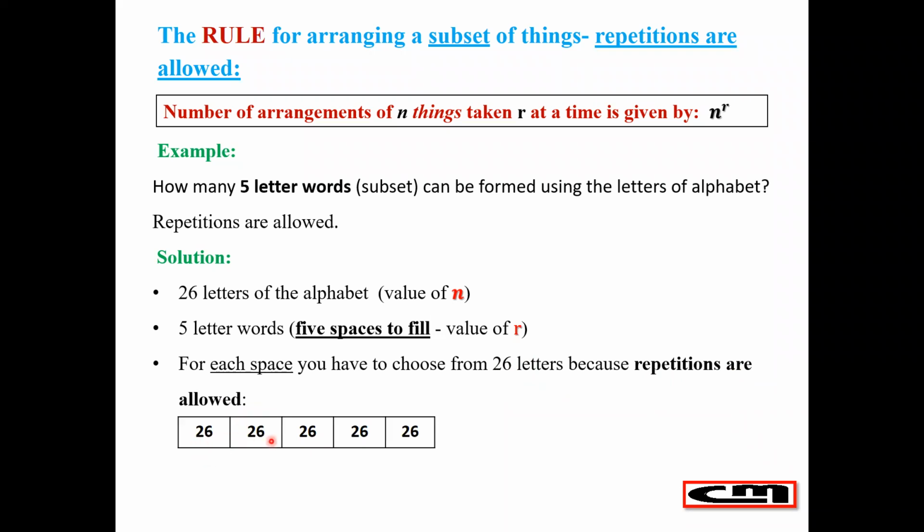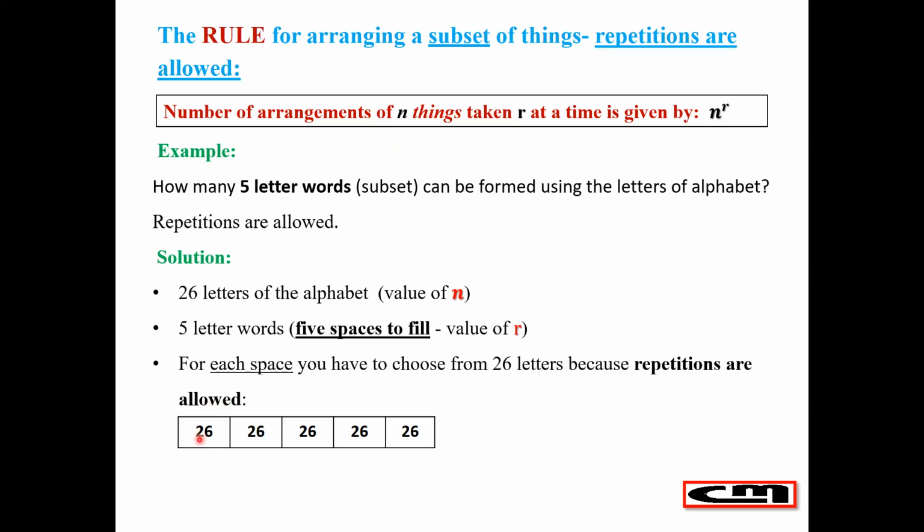So here are the 5 letters, 1, 2, 3, 4, 5. For letter number 1, any one of the 26 can occupy. Letter number 2, any of them can occupy. This is all what it means when repetitions are allowed.